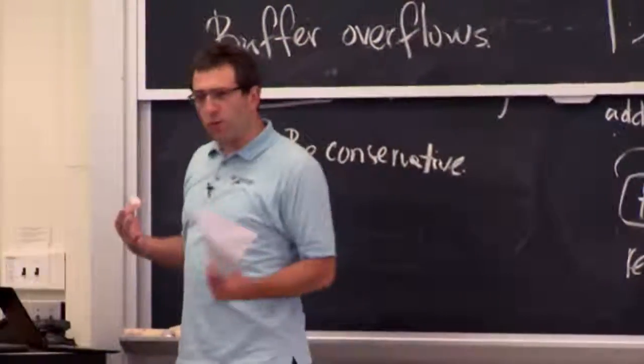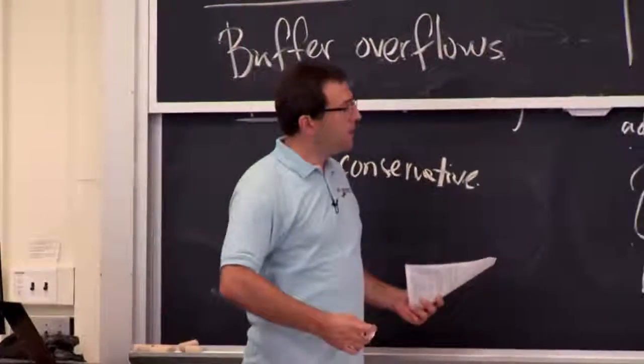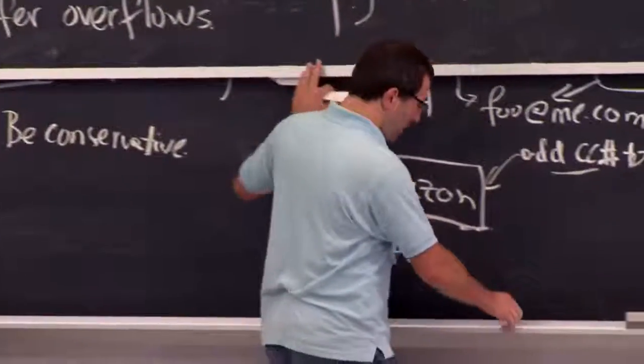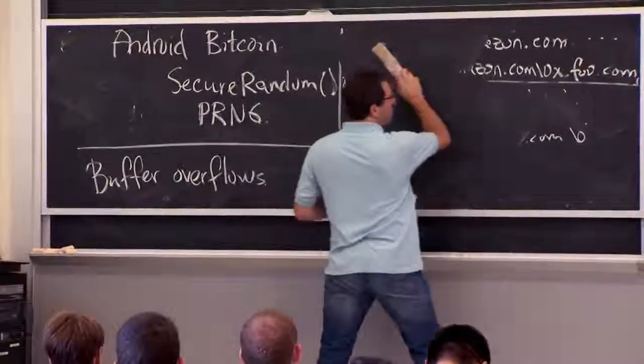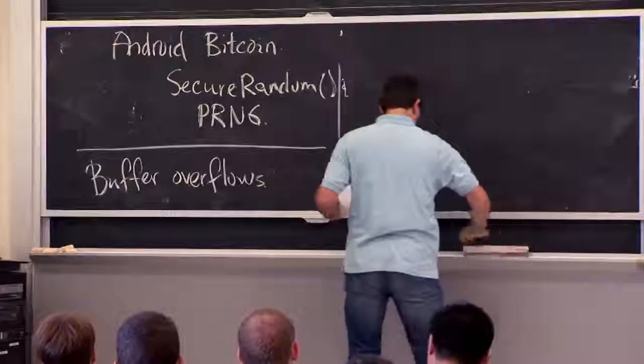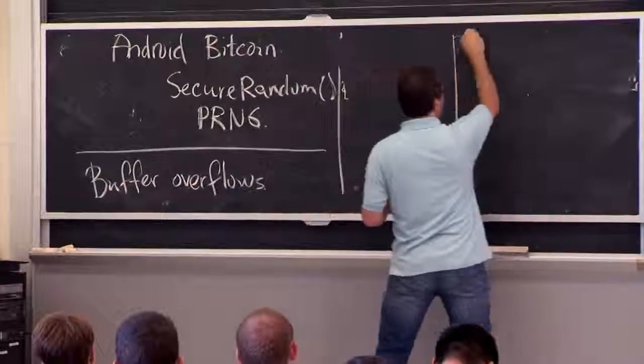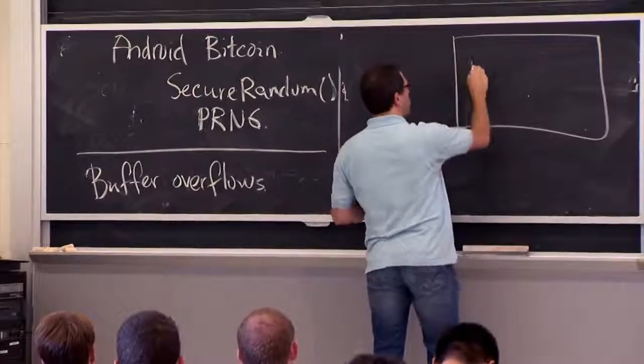So let's figure out, what is the setting? What are we talking about here? The setting we're going to be considering is a system which has, let's say, a web server. So we have some computer out there that has a web server on it.